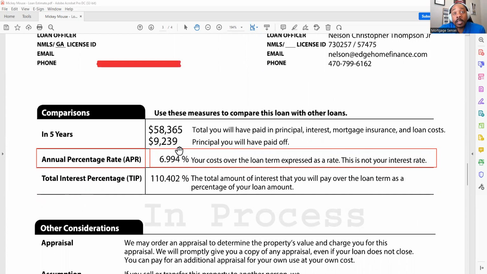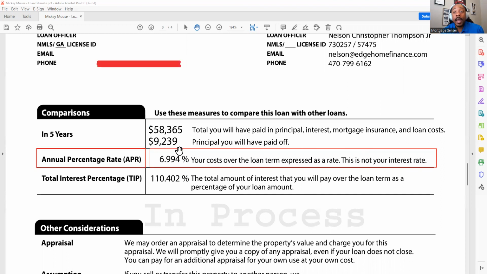Now, that's a whole lot of numbers moving around. So when you're looking at one lender to the next, the APR is always going to be different, because not every lender charges the same thing or reflects their charges the same way. Not every lender is going to be using the same date of closing, and so on and so forth, right?